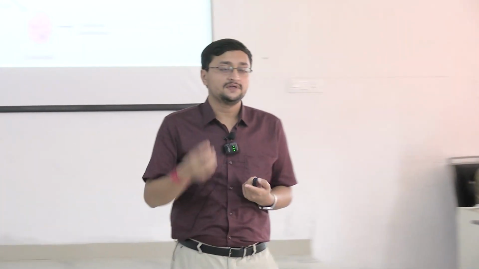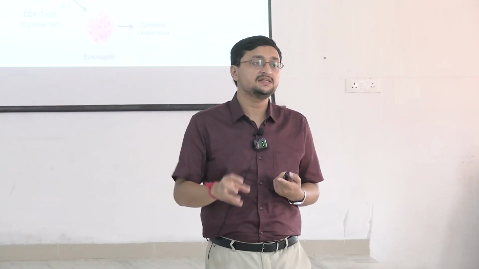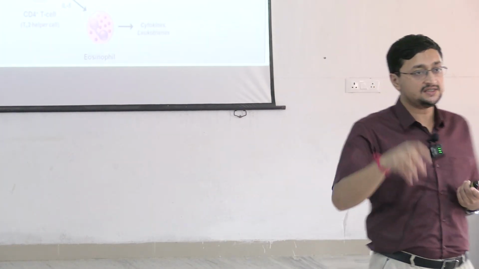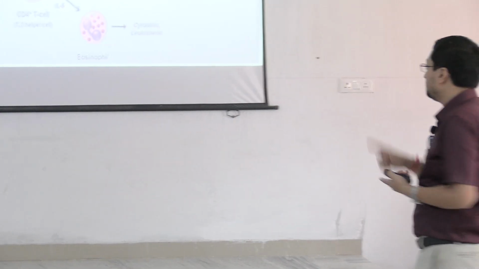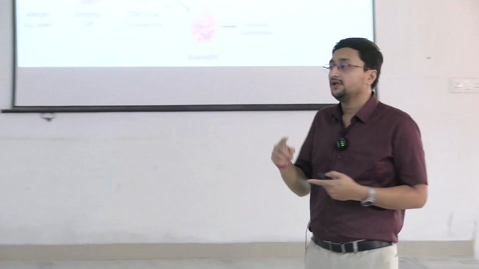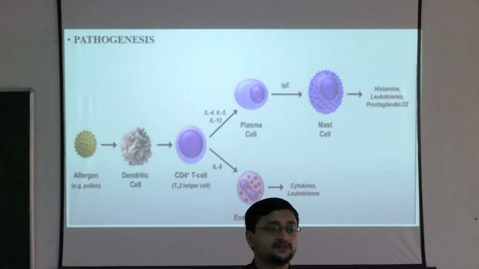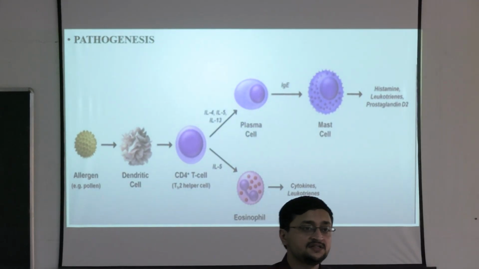Then your nasal cavity has plenty of dendritic cells, which are antigen presenting cells. So the allergen binds to the APC or dendritic cell. After binding to the dendritic cell, the CD4 T cell of the immune system is activated. There is differentiation of CD4 T cells.